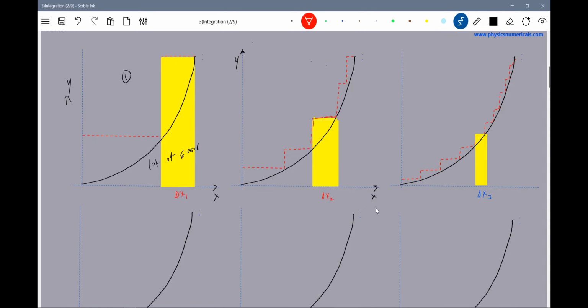Now, if I add up the steps of increasing height with width delta x3, what do I get? I get an area near the area under the curve, but still with error. So the total area under the steps is greater than or equal to the area under the curve. This is the comment we are going to write.